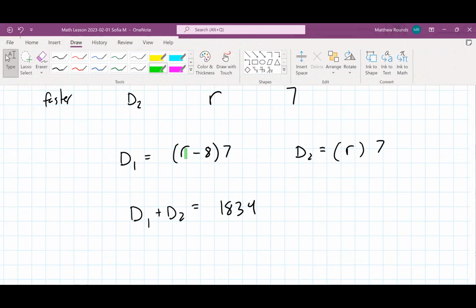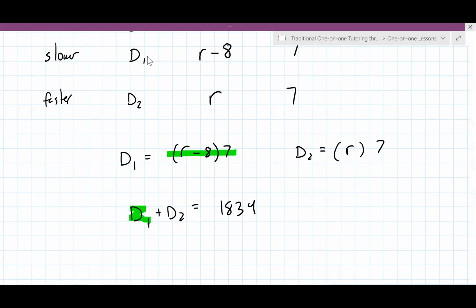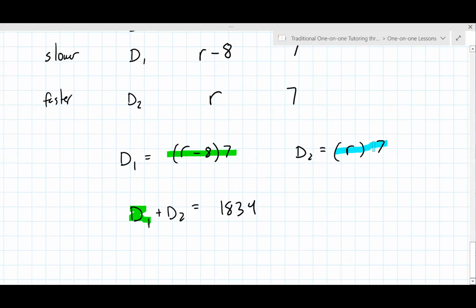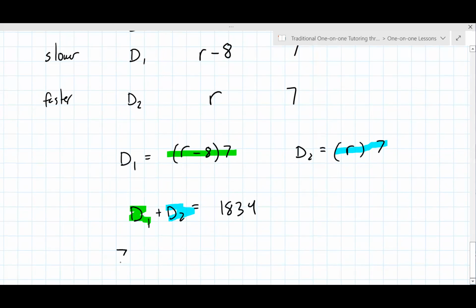We're going to take this right here and put that in for the distance the first bus traveled. And then similarly, this R times 7 is going to go in here. Now you're down to one variable. So you feel like, okay, I can do this. 7 times R minus 8 plus 7 times R equals 1,834.